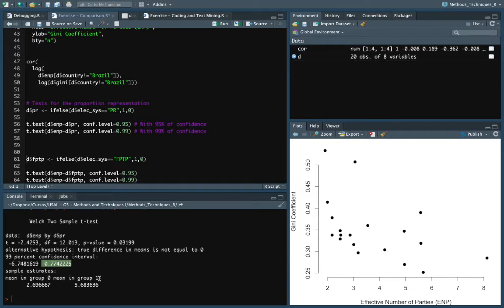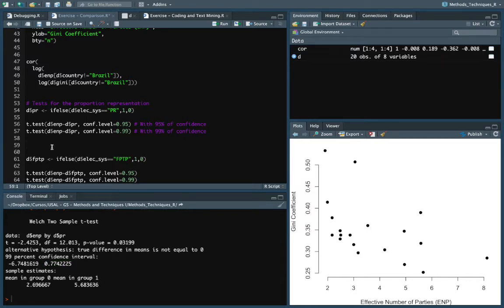So if I use 99% confidence intervals to analyze this data, I cannot state for sure that the effective number of parties in proportional representation is higher than all other electoral systems. So proportional representation is not the best variable to measure.